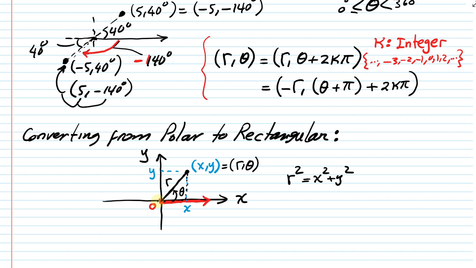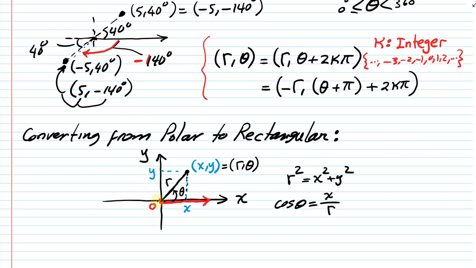Now, what else? Let's say we have polar to rectangular, right? Okay, so the measure of the angle here, if you think about the trig function, for example, cosine theta. Well, cosine theta is adjacent over the hypotenuse, right?